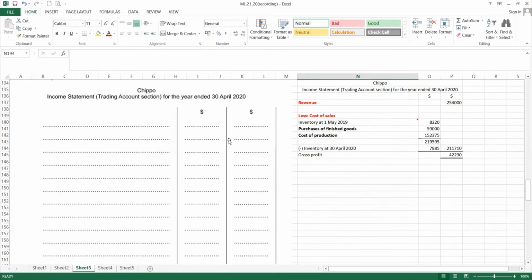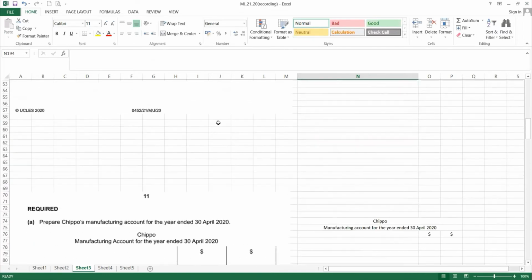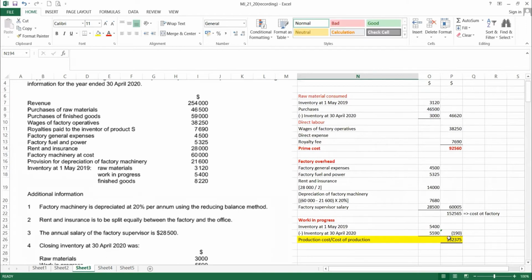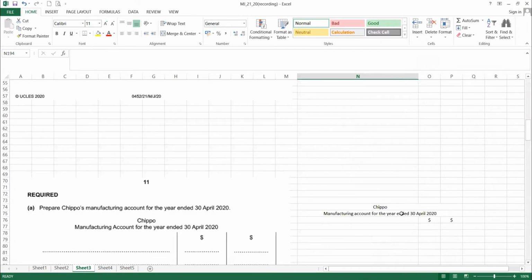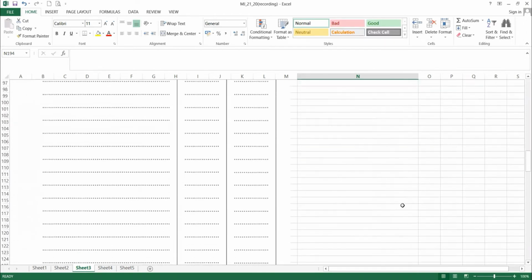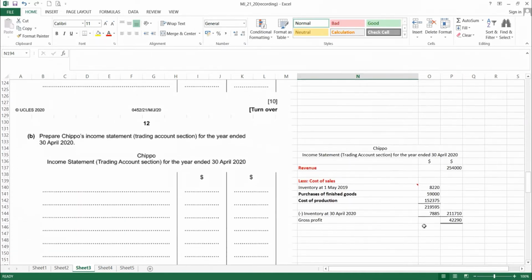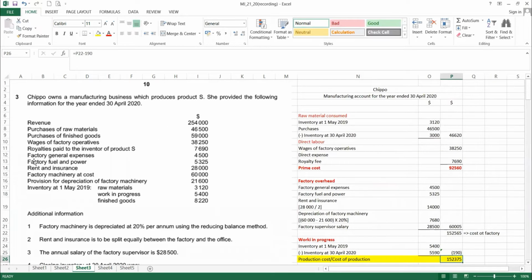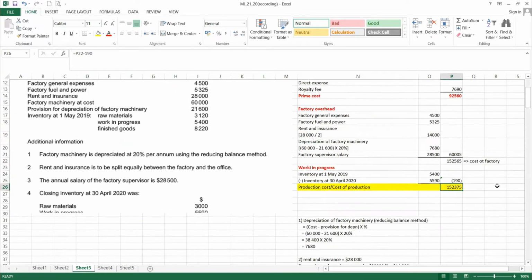I need to go back to the question to see what information we have. For the profit, okay, gross profit, we get 42,000. We don't know what the profit for the year is. And cost of production is 152. And then see what else the information that can help us to explain. Okay, there's not much information.